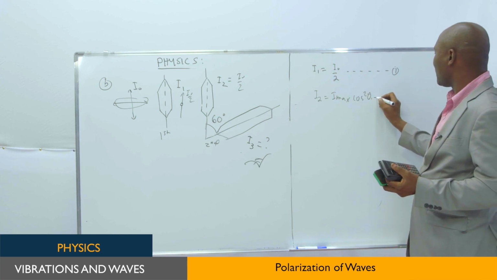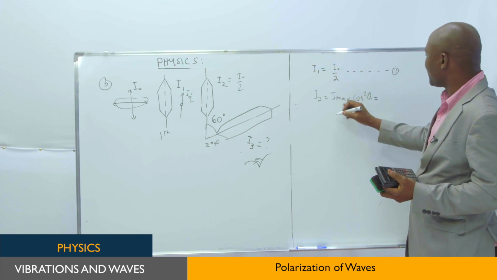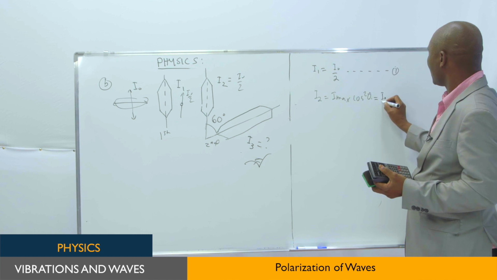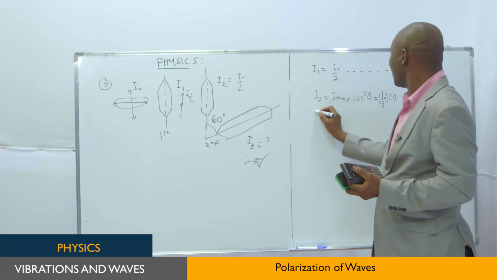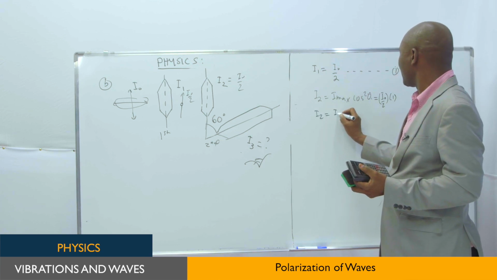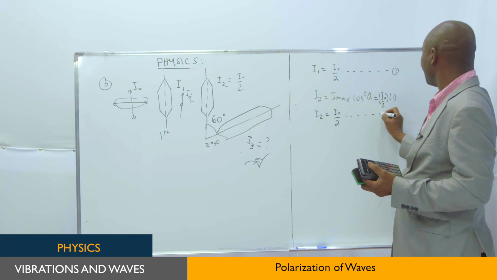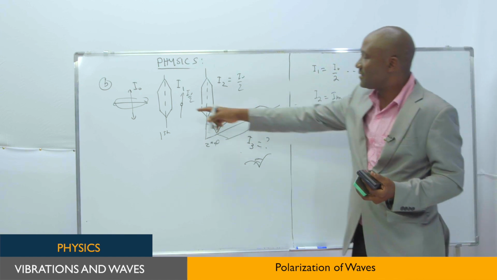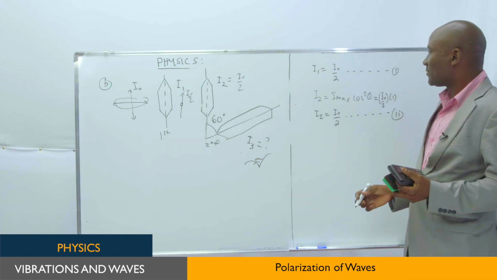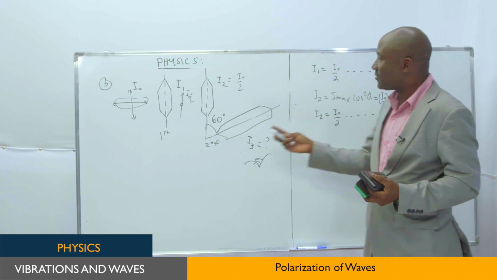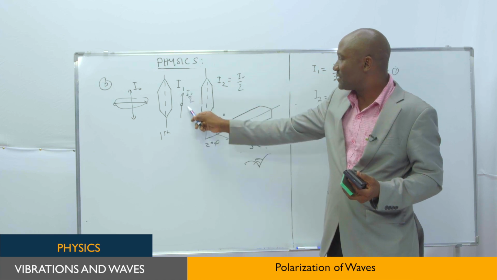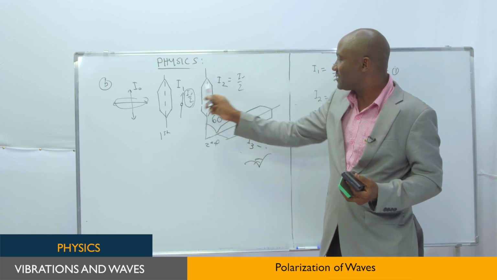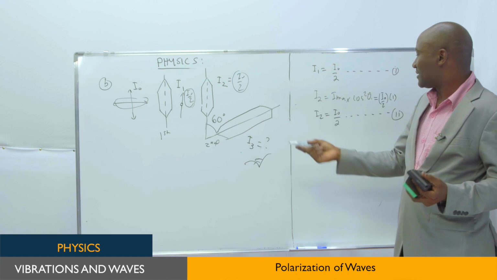Cos of 0 equals 1, so I2 is I0 times cos of 0, which is 1, 1 squared is 1, giving us I2 equals I0 over 2 again. You can use that formula, or you know the concept here, because the axes are parallel. The component allowed to pass is the same, and there are no changes here.